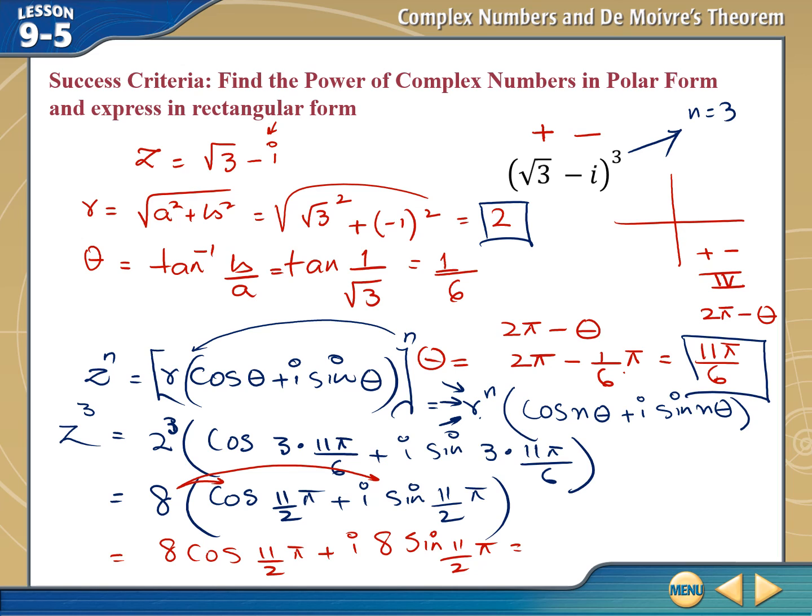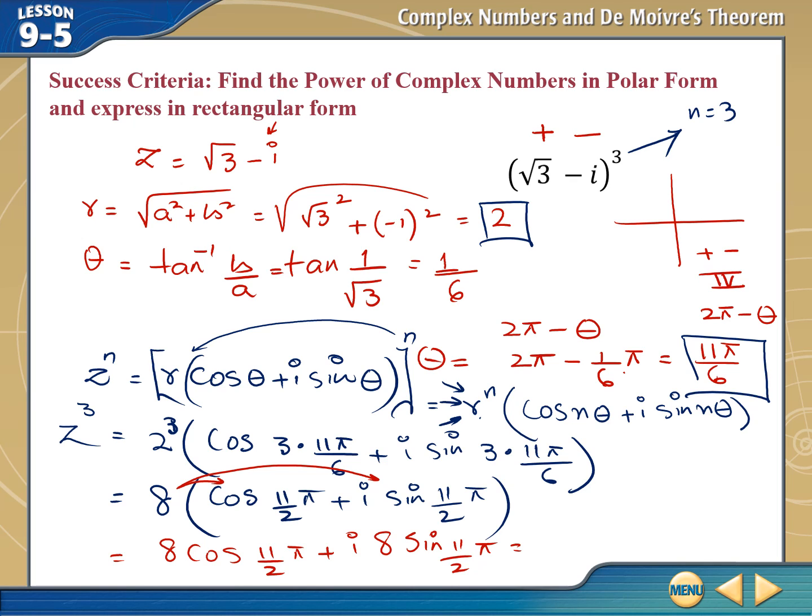So let's see here, you have 8 cosine 11 pi over 2, and I am writing this together because my calculator is already in complex mode, but you can do it one by one as I explained before, and to make sure you can just change your settings.